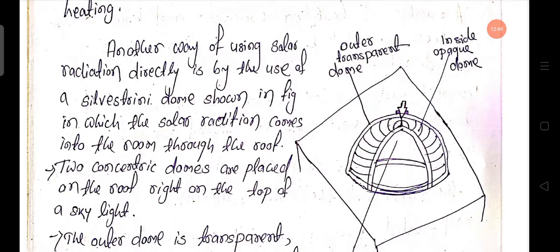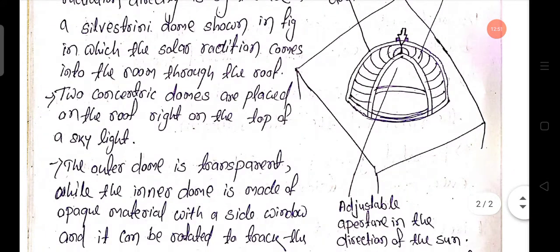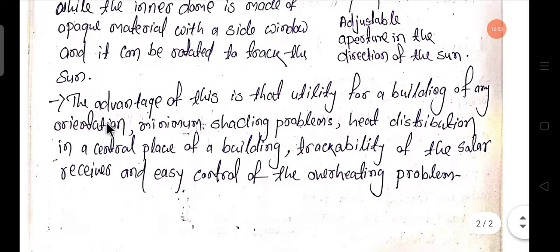Likewise the previous concept. The advantage of this is that it can be utilized for a building of any orientation. That means in any orientation of sun, we utilize the sun radiation efficiently because it is oval shape.